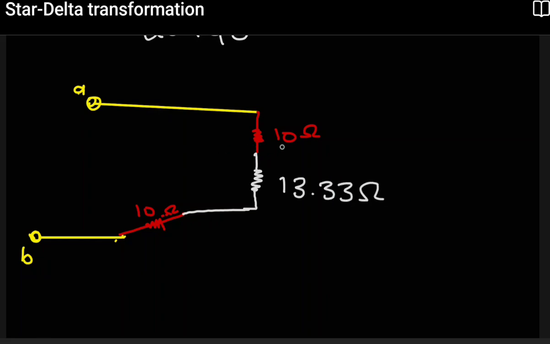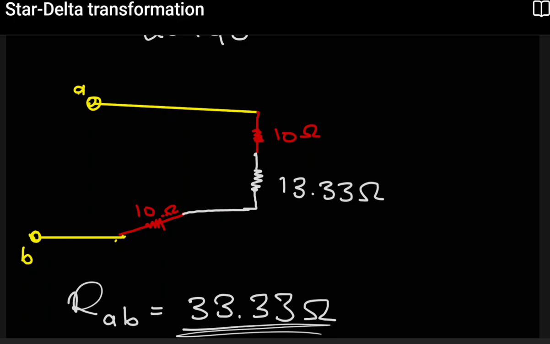Now look at this. Now we have three resistors which are in series, 10, 13, and 10. So when you combine these, we only have the total resistance altogether, the resistance across AB, and this is going to be 10 plus 13 plus 10, and this is going to give us 33.33 ohms.